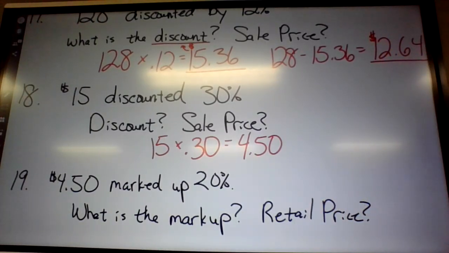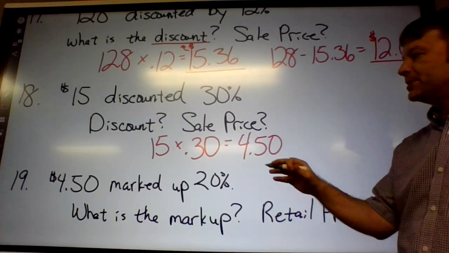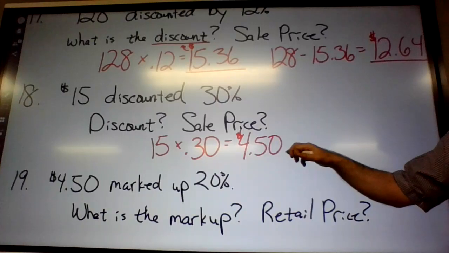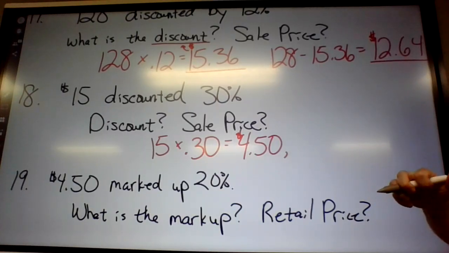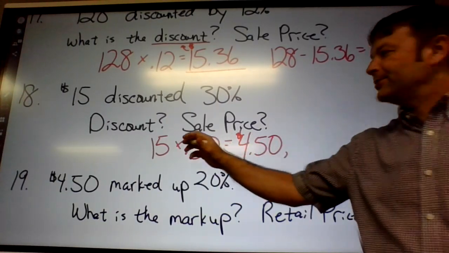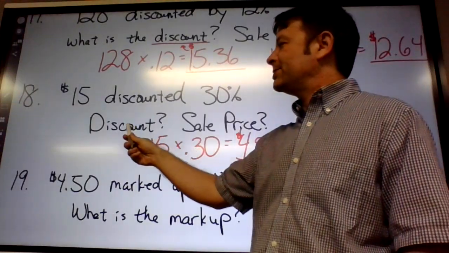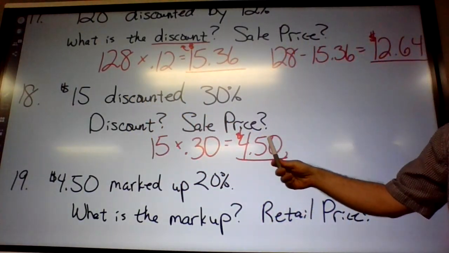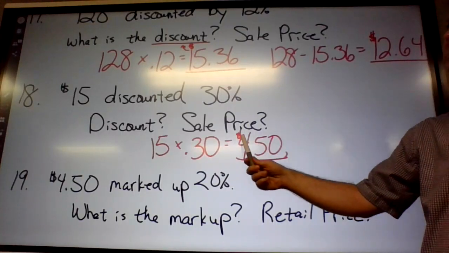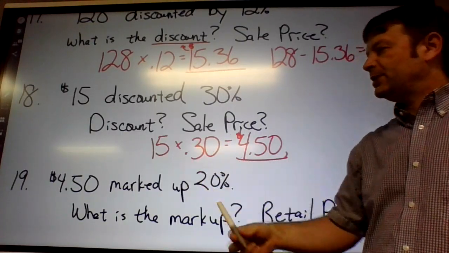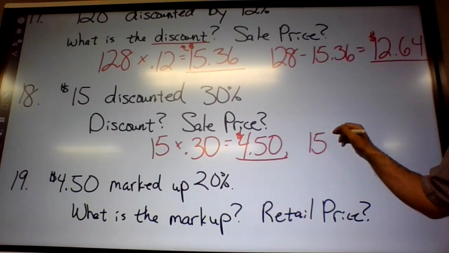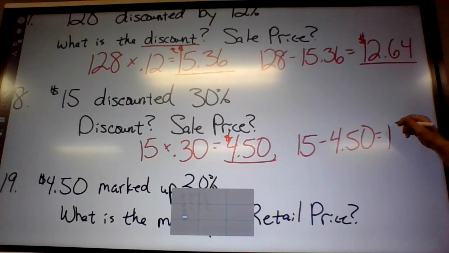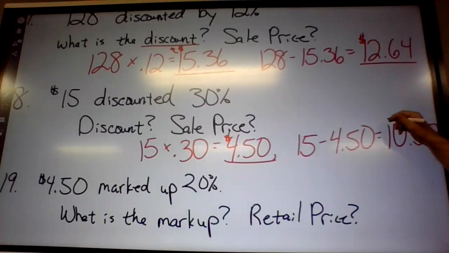You wouldn't put 4.5 for money, you put $4.50. Then what do we do? 15 minus 4.50. The discount is the amount the price is gonna drop. So the $15 is gonna drop by $4.50, because $4.50 is 30% of 15. So it's 15 minus $4.50, $10.50.